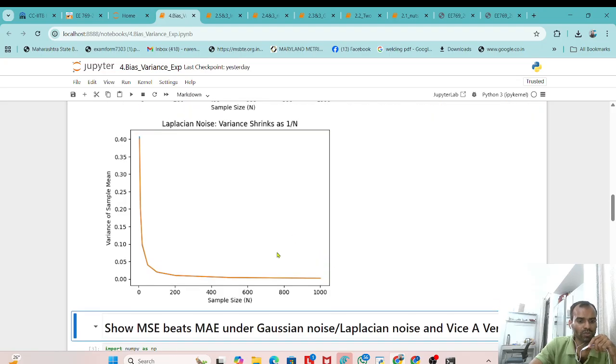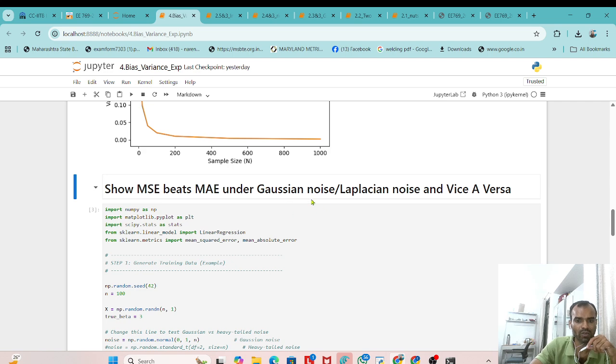Now we will show MSE beats MAE under Gaussian noise, right? Sometimes MSE beats MAE. When there is Gaussian noise, then MSE beats MAE, and when there is Laplacian noise, then MAE beats MSE.